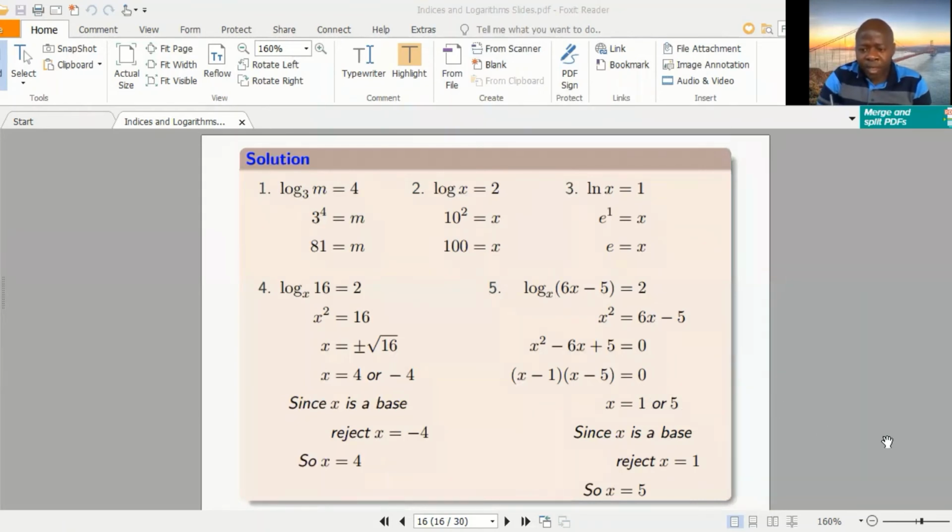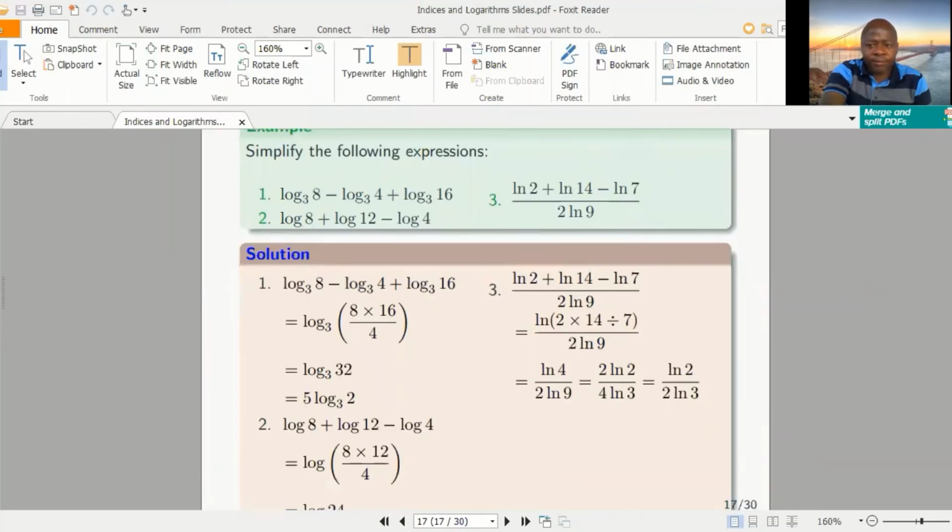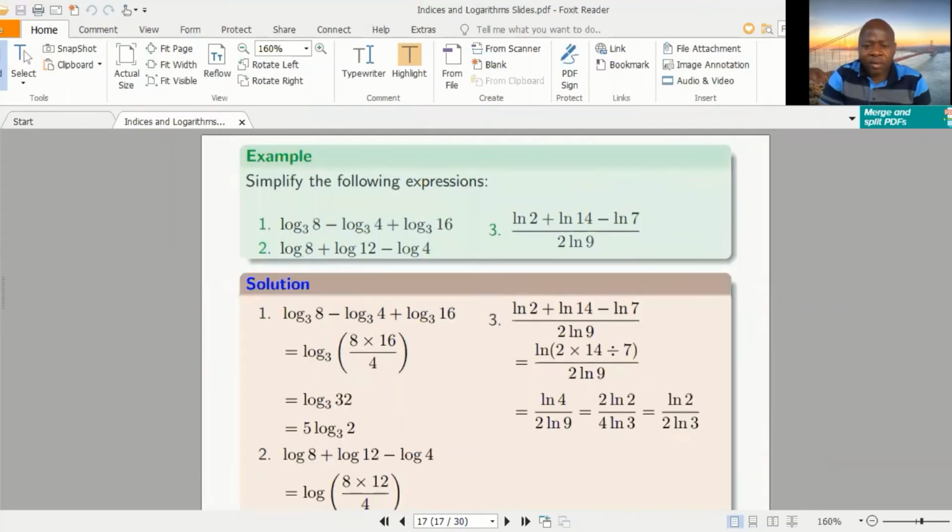Let's look at another concept. Now this one, if we are to use the laws of logarithm. You remember we said that where there is addition, we'll be doing multiplication, and where there is subtraction, we'll be doing division under the laws of logarithm. I've already done this.